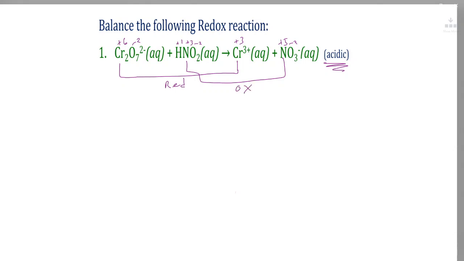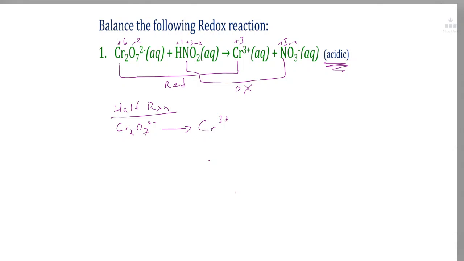Okay, so now we need to write out our half reactions. Okay, so let's just write these out. Okay, so first write out your half reactions. And I'm just going to write them both out here. Okay, so I see Cr2O7 2-, and anything else that's involved with the reduction. Okay, so this is going to Cr3+, so +3 chromium.